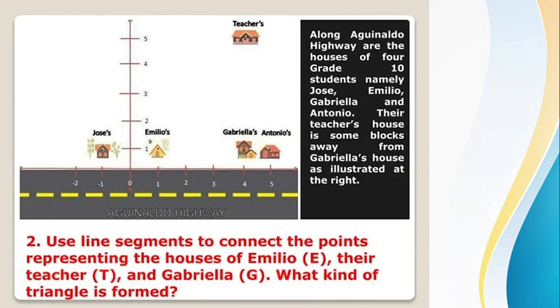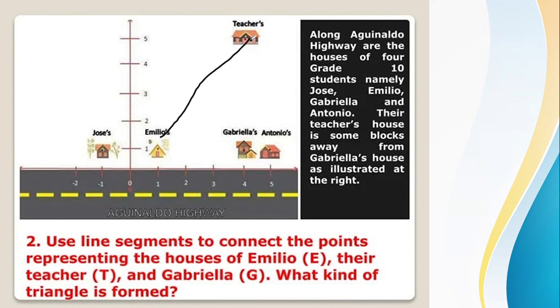Okay, for question number 2. Use line segments to connect the points representing the houses of Emilio, E, their teacher, and Gabriela. So let's see what is formed if we connect them. Emilio's house to their teacher's house, just imagine it as a straight line.